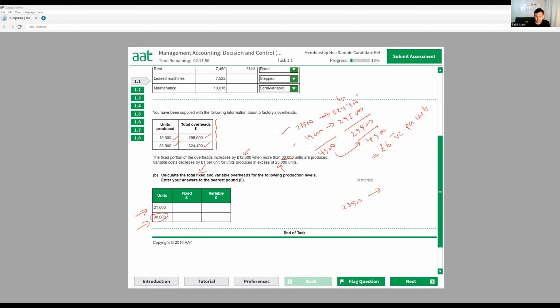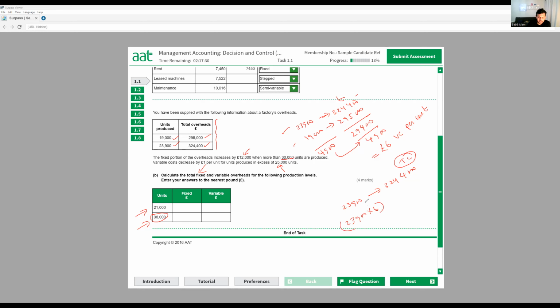The cost was 324,400, which is the total cost. Now from here, I'm going to take away all the variable cost. So 23,900 units times 6 per unit is the variable cost.